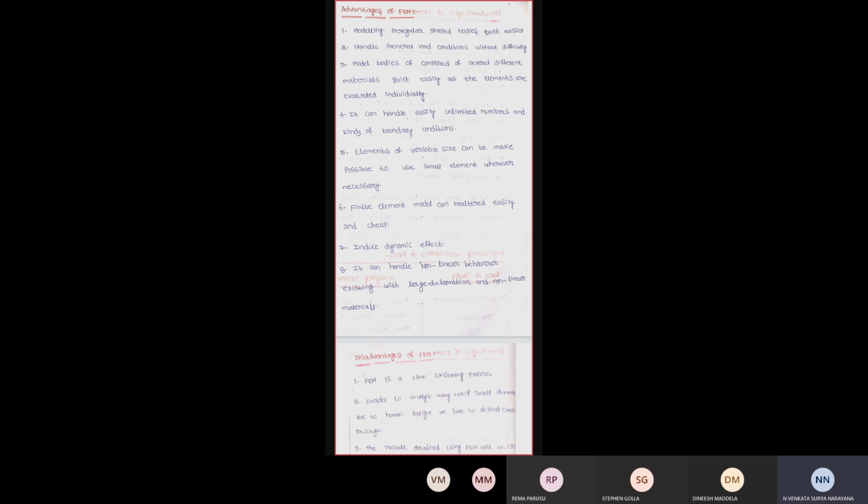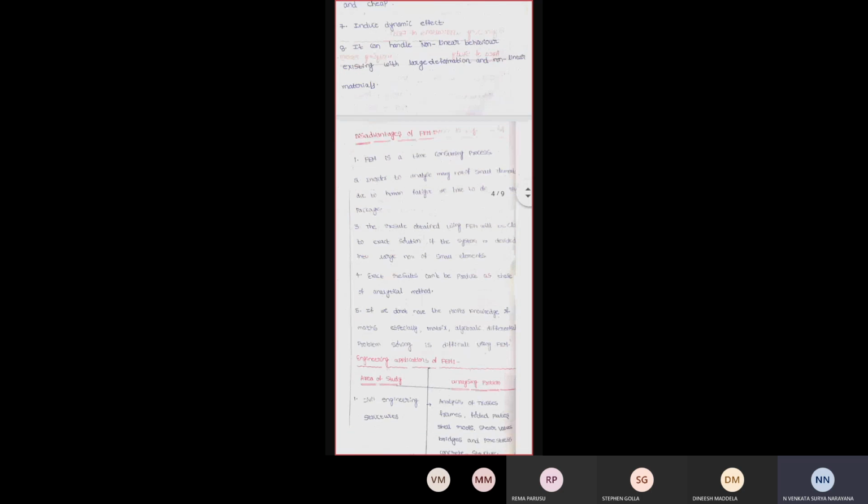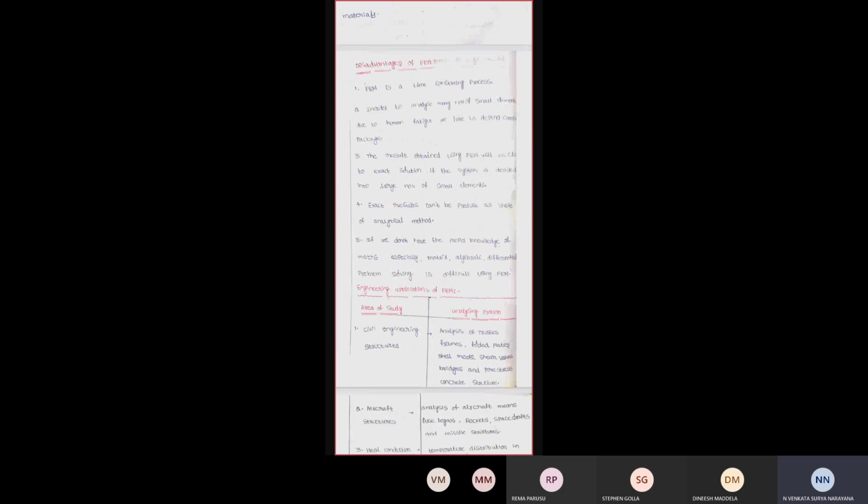Next, coming to the disadvantages, the demerits of FEM. FEM is a time-consuming process. Why am I saying that? Because in this method, from the first step to the final, the first process is taking every individual element stiffness matrix, finding K1, K2, K3 and so on.